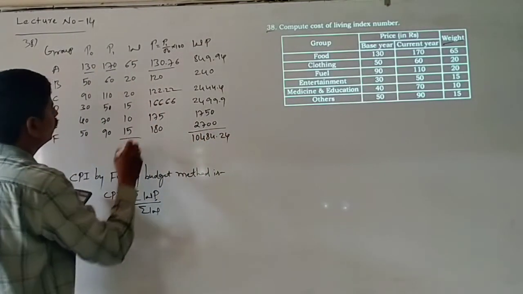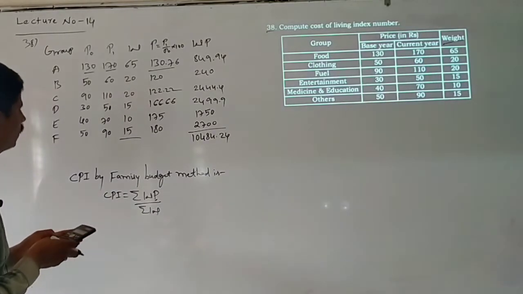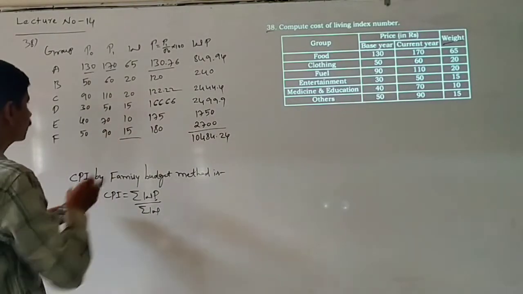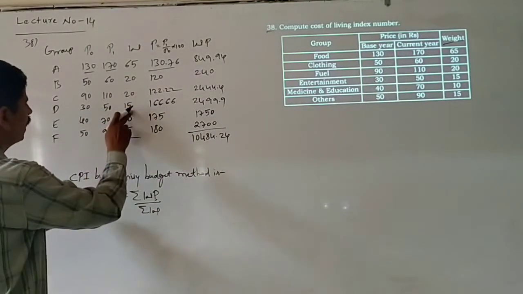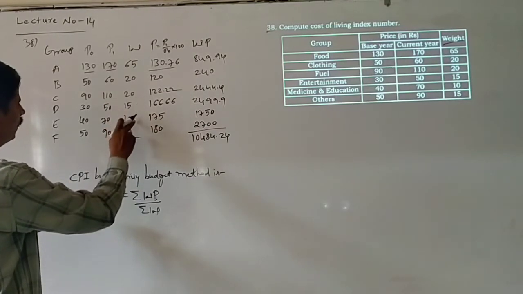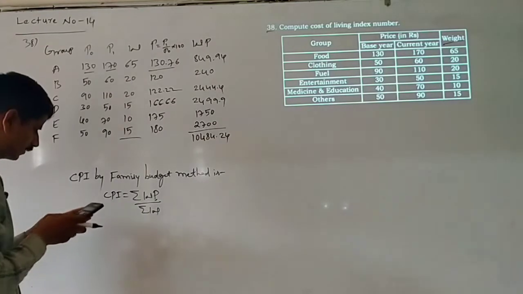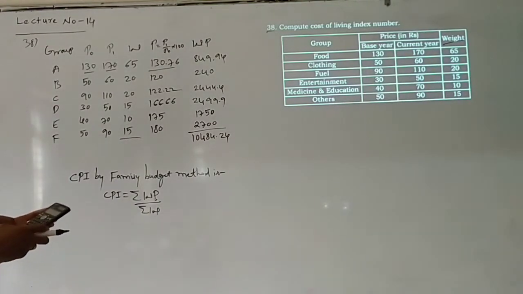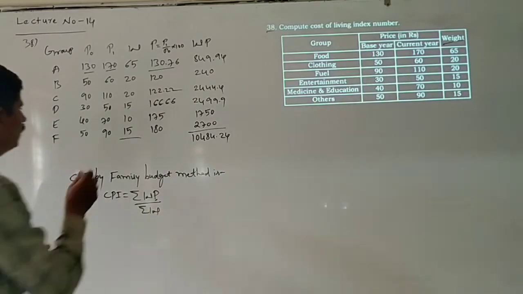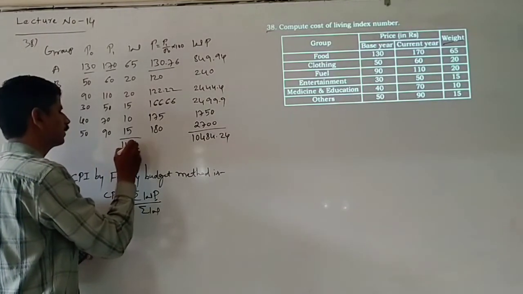Here sum of W is 65 plus 20 plus 20 plus 15 plus 10 plus 15 is 145. Sum of W is 145.